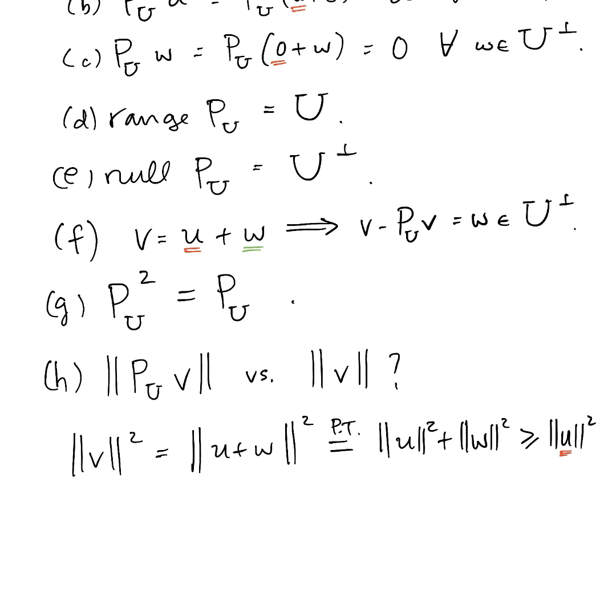So I think what we just proved is this. If you take a vector V and project it, the norm of what you have in your hands now is no bigger than the norm of what you started with. The word for this is a contraction. Any operator that shrinks norms is called a contraction.